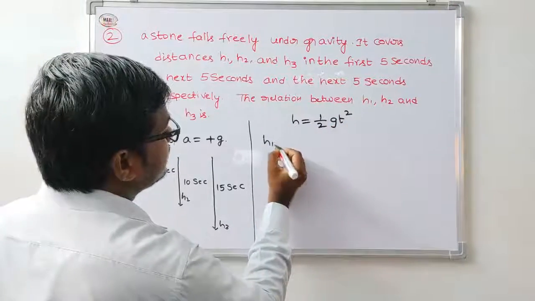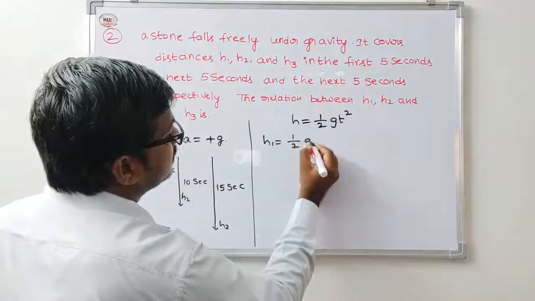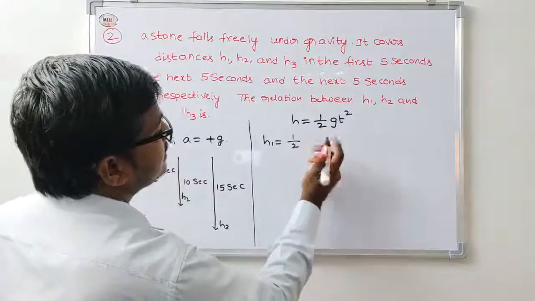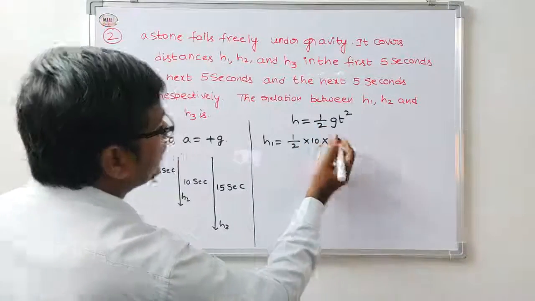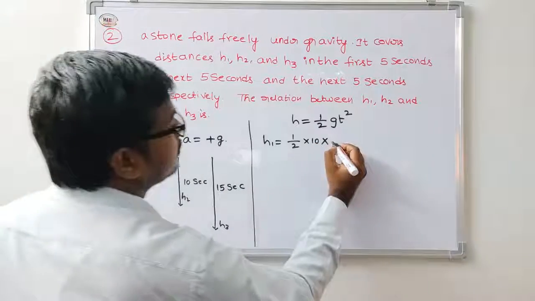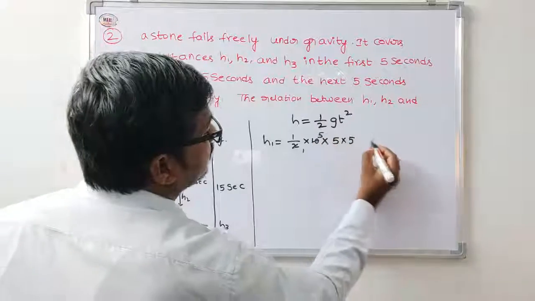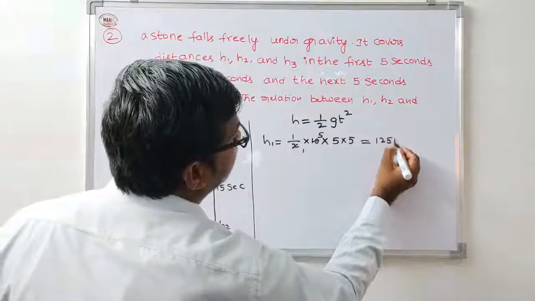Then h1 is equal to half g t square, take g as 10. 5 into 5, 2 ones are 2, 2 fives are 10, so 125 meter.